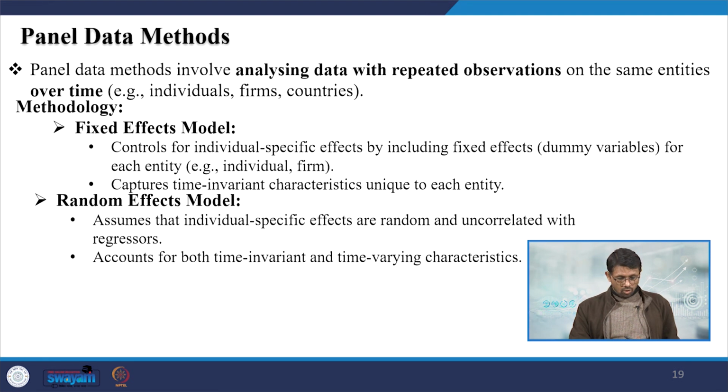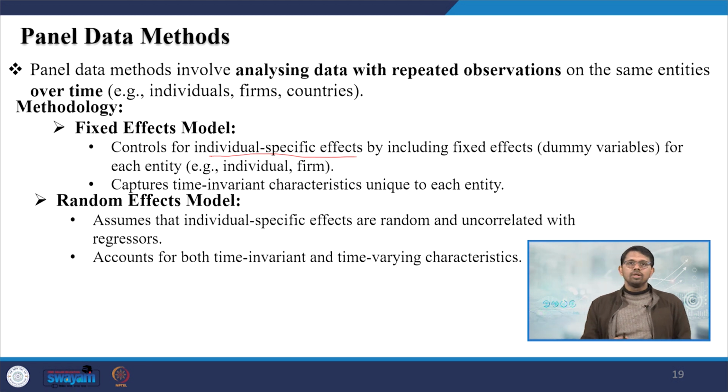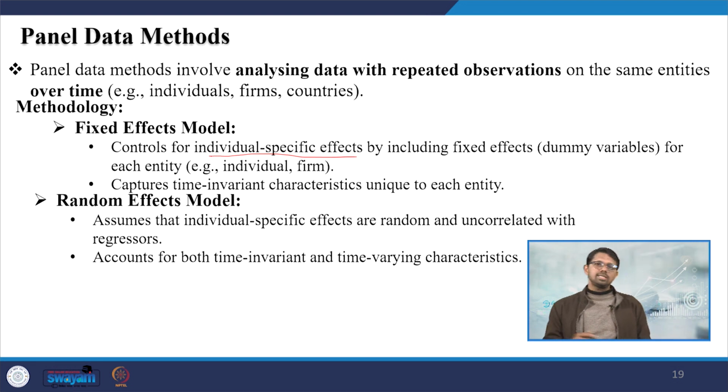Fixed effects control for individual-specific effects. By including the fixed effect, maybe as dummy variables for each entity, that is individual and firm, this captures time-invariant characteristics unique to each entity. Since we are not taking the random one, it is actually time invariant.